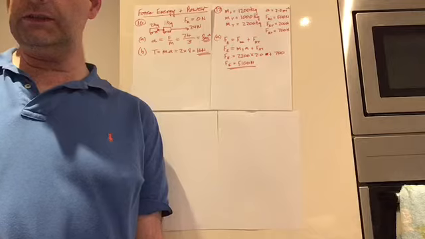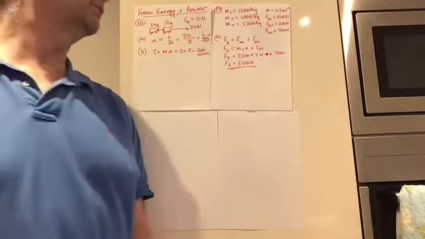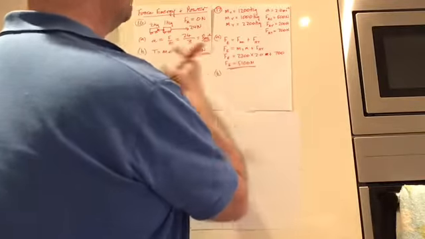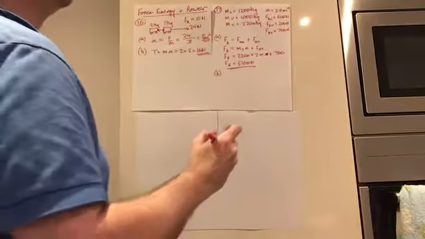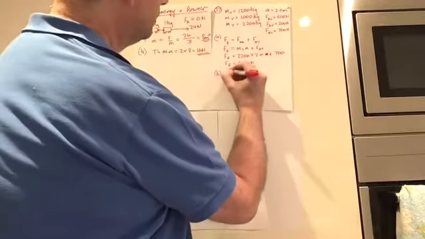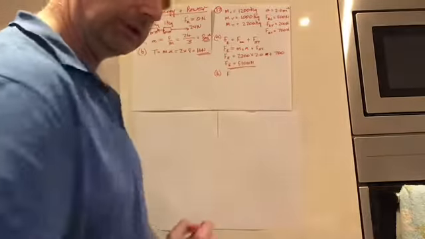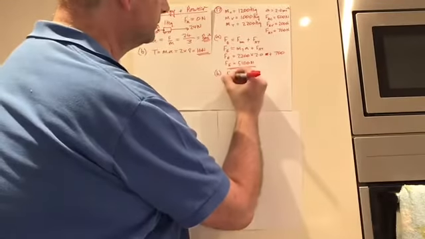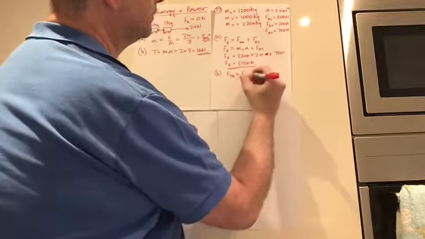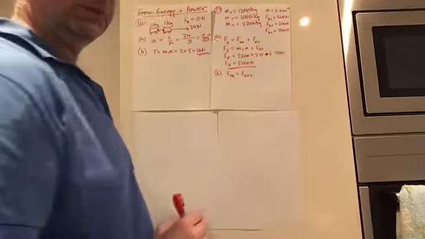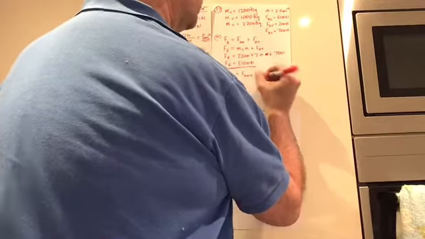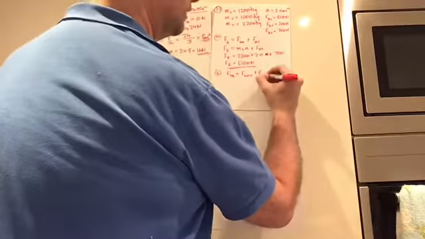In part B it says, what force does the tow bar exert on the caravan? So we're going to use the same kind of logic that we used in number 16. We want the force on the tow bar. That's going to be equal to the unbalanced force, but only the unbalanced force on the caravan, plus the force of friction, but only the force of friction on the caravan.